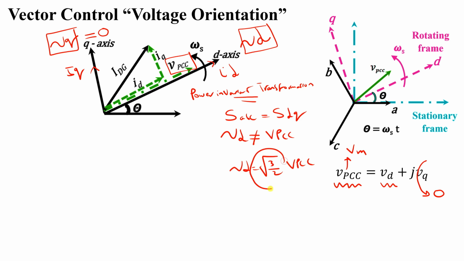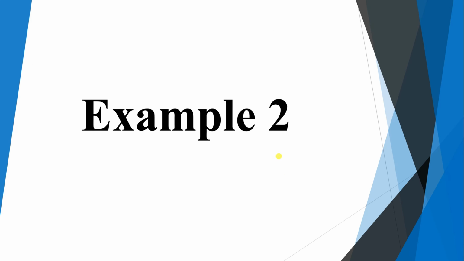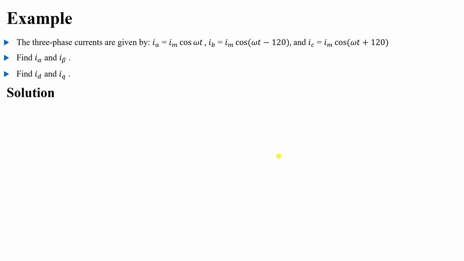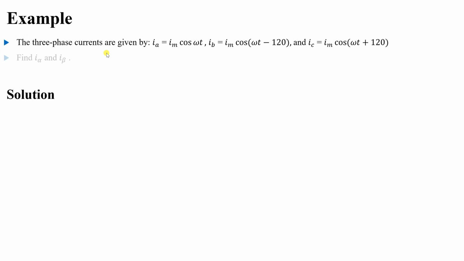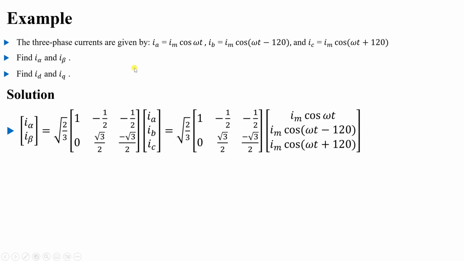Now, where did we get root 3 over 2? Let me get back here. If we get back to the previous example, example 1, you can see that in this transformation, the three-phase IA, IB, IC, which is similar to VA, VB, VC, we used the power invariant transformation, which keeps power constant. We found that I alpha is equal to root 3 over 2 I max, and I beta root 3 over 2.